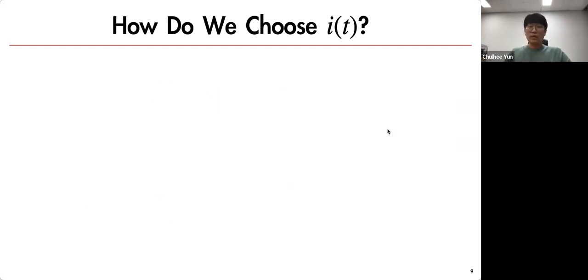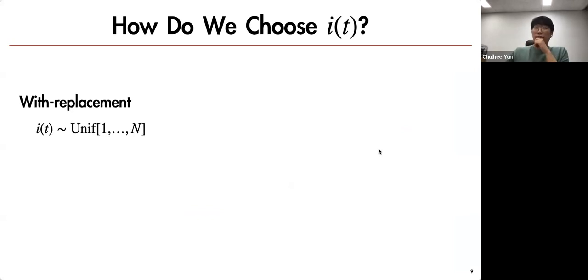In the context of finite sum optimization, which is exactly our setting, there are two main variants of the sampling algorithm. The first one is with replacement sampling, where each index I of t is chosen uniformly at random at each iteration.